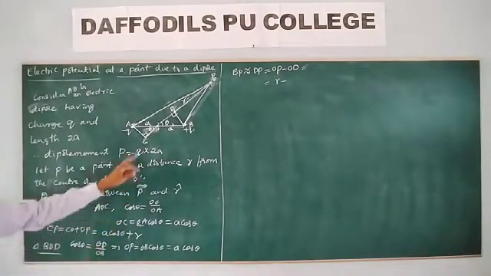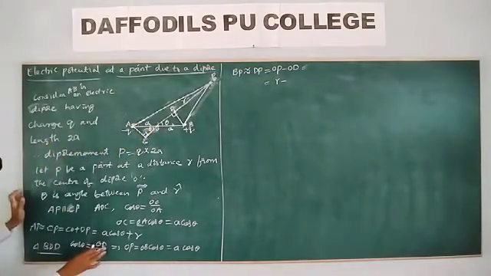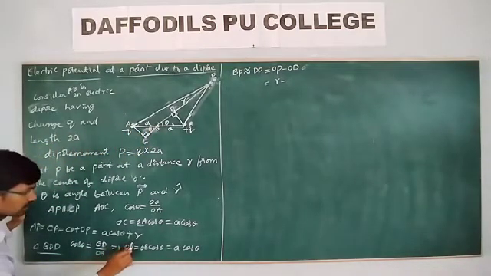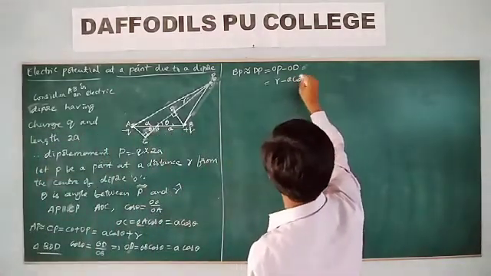So this is OD, and then R minus a cos theta. Let me write these distances in terms of the values.